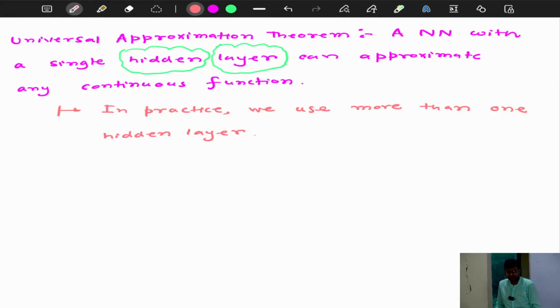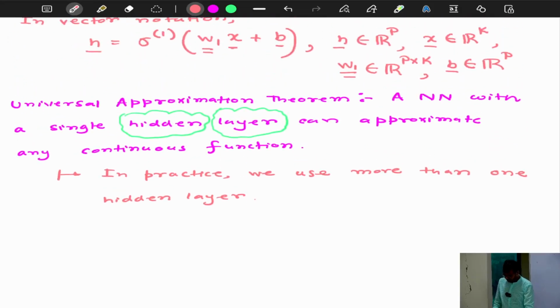So, to avoid that, we use a reasonable number, but multiple times.